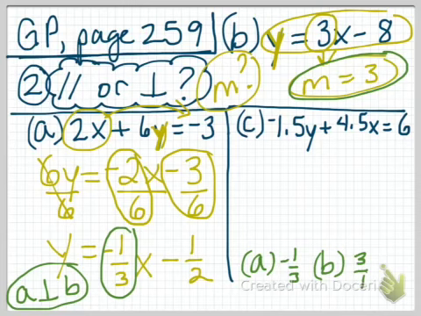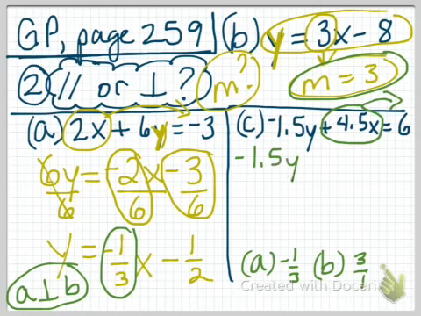So we have to isolate the y in C to be able to see the slope for this one. Again, we're going to move this x term to the other side, and since it's added, when we write this next step, we're going to have it as a negative 4.5 because we moved it to the other side. So far we have negative 1.5y equals negative 4.5x plus 6.